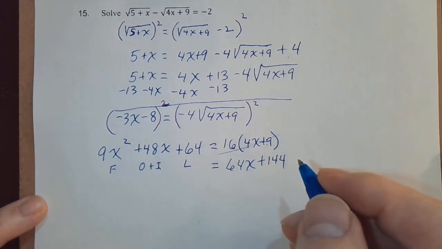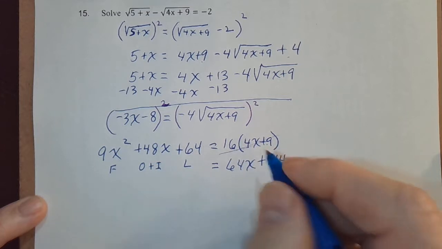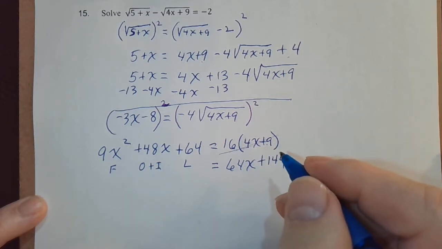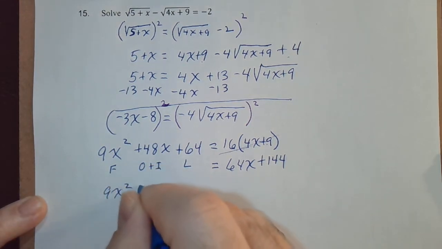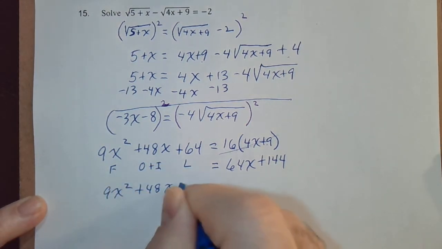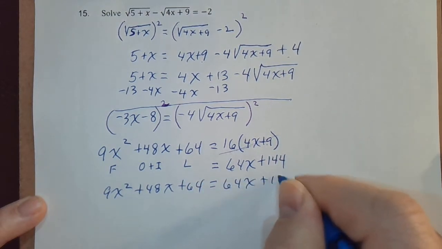Now let me write it out. 9x squared plus 48x plus 64 equals 64x plus 144.